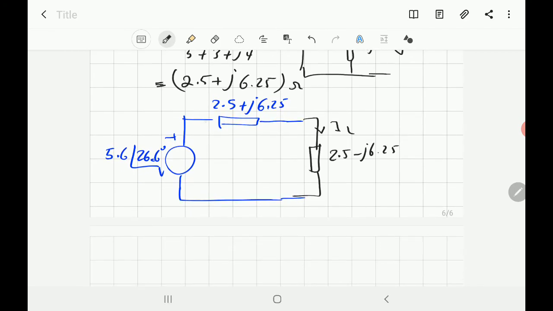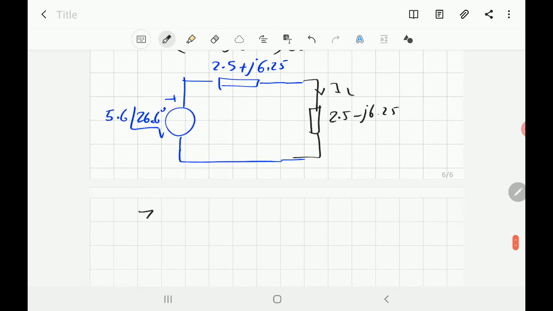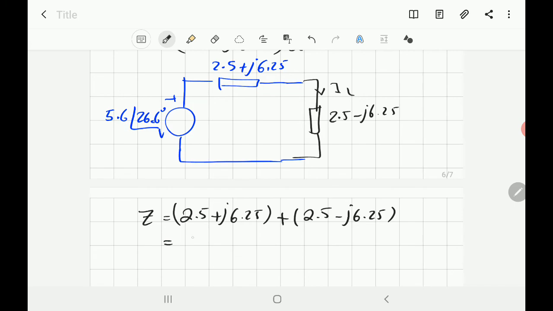So we want to find the current. We'll find the total impedance in the circuit here. So the total impedance Z, you add both. You have 2.5, that's the Thevenin one, plus j6.25, plus the Z of the load, 2.5 minus j6.25. It is equal to 5, and this cancelled, so 5 ohm.